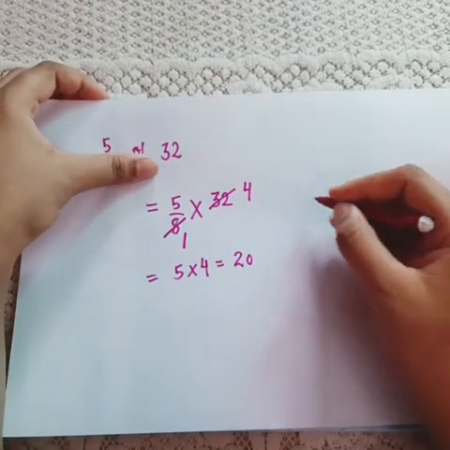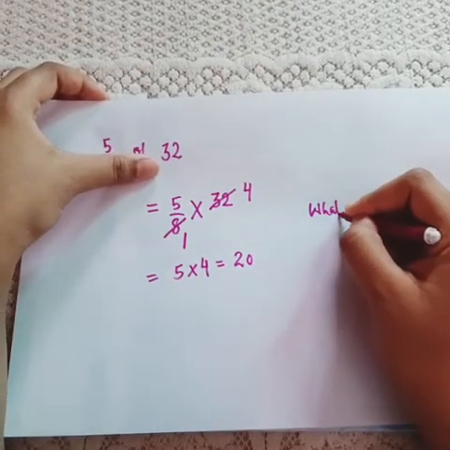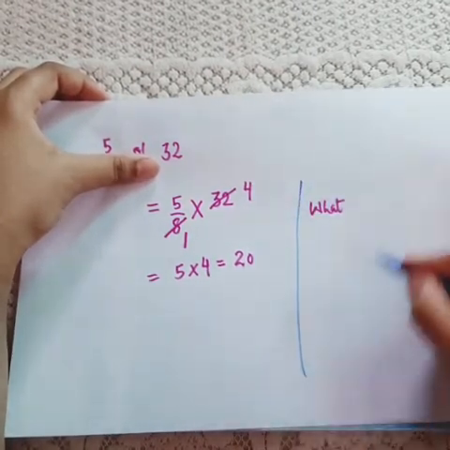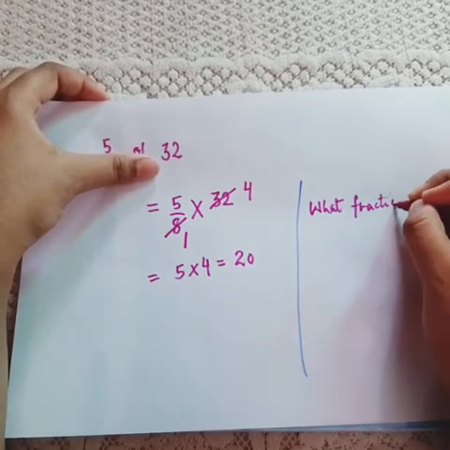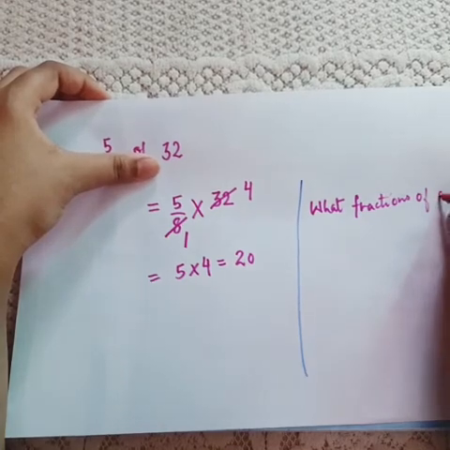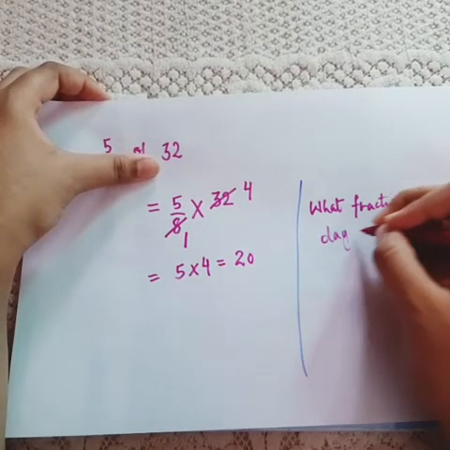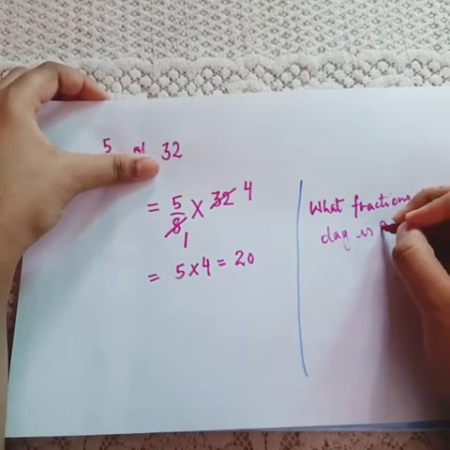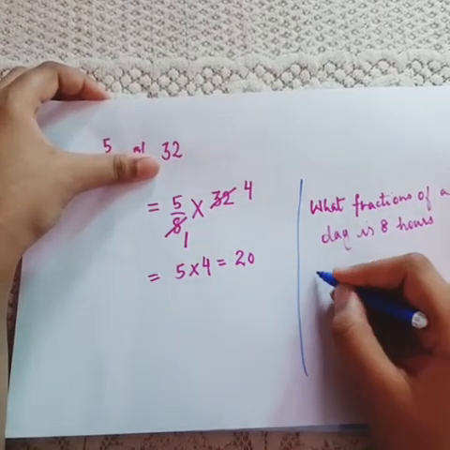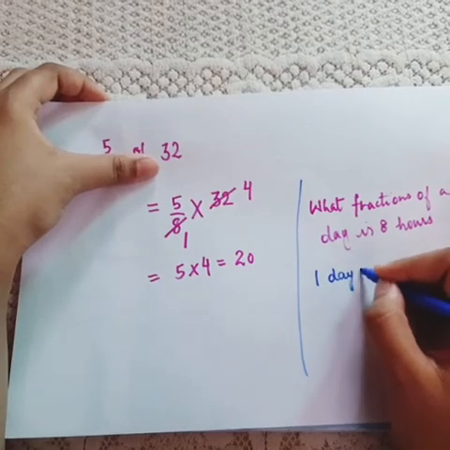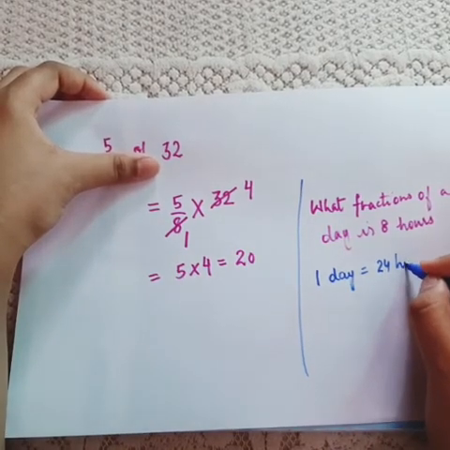If we are given what fraction of a day is 8 hours. So what are you going to do? You know that in a day there are 24 hours, okay?